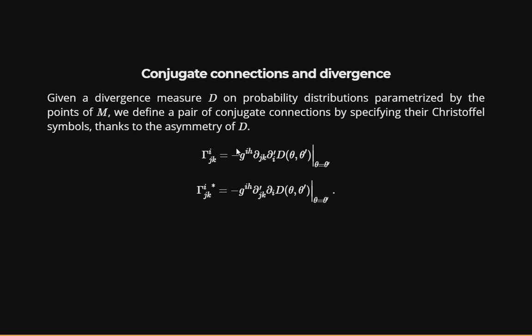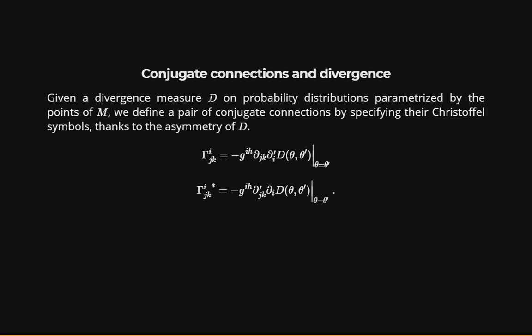And by the way, also G, which I've written here, is again given by the derivatives of D. So you remember, if D is a divergence measure satisfying the monotonicity information principle, then the Hessian of D will give you the Fisher metric up to a constant.